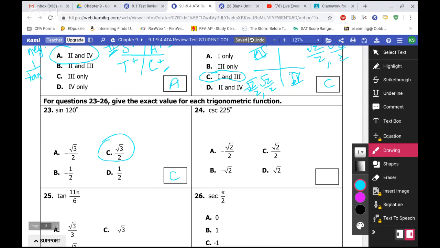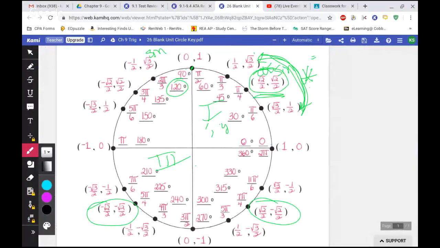Cosecant 225. So that's 1 over sine, because cosecant is the inverse of sine. So sine of 225 is negative root 2 over 2.